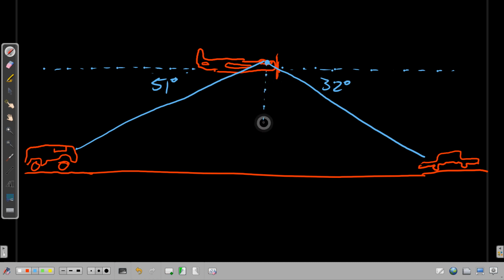I can drop a perpendicular right here, then that becomes a right angle. Since that angle is 51, it must be the case that this angle is 51. And with this angle being 32, it must be the case that this angle is 32. Okay, so I don't need any of that anymore.